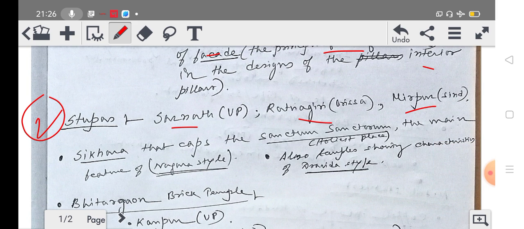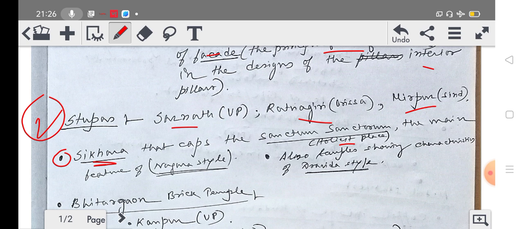Now, Shikhara. It has been highlighted, and as per the gist, Shikhara is a type of architecture that caps the sanctum sanctorum, means the holiest place in a temple.